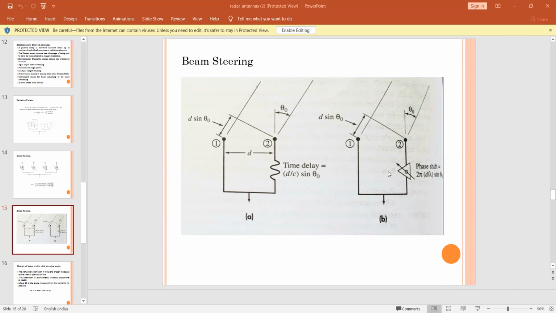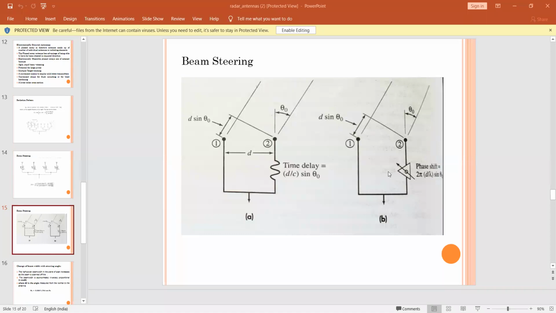The normalized radiation pattern of a linear array of isotropic elements can be given by g(theta) equal to sine square of (n pi d by lambda into (sine theta minus sine theta naught)) divided by n square sine square of (pi d by lambda into (sine theta minus sine theta naught)).